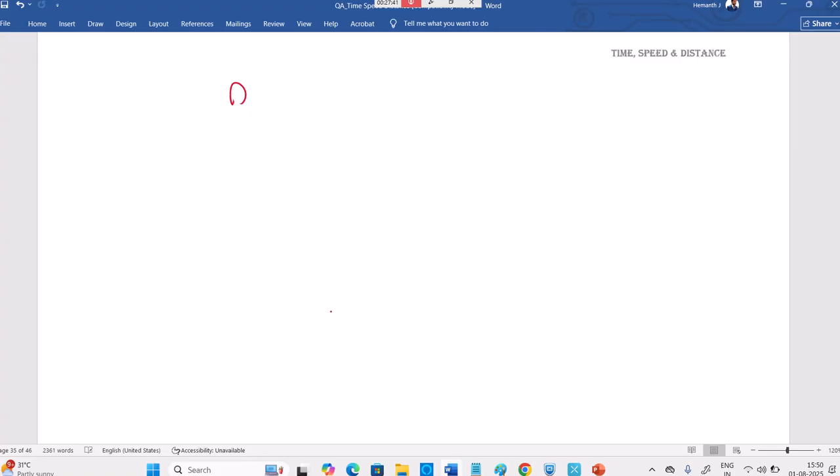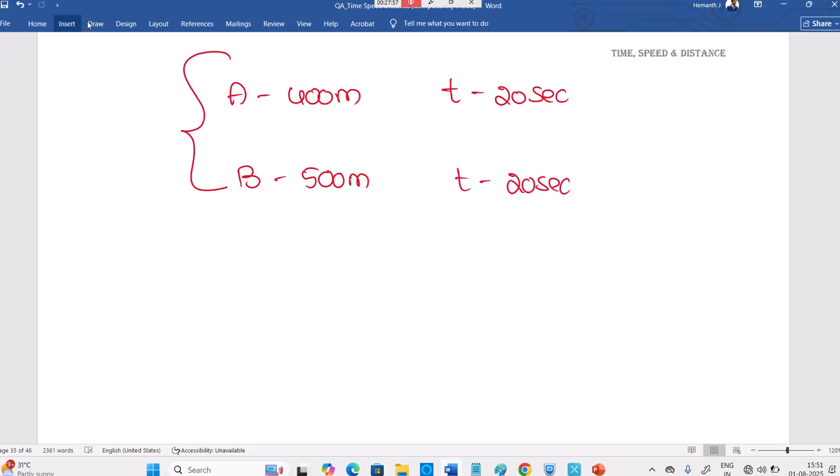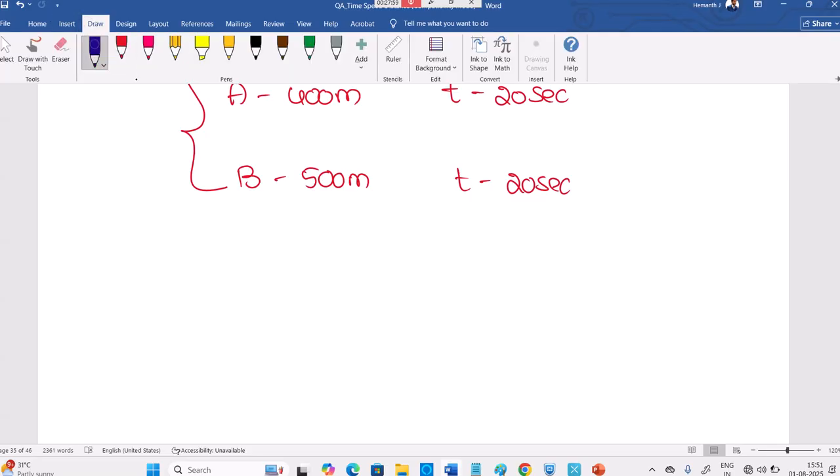Let's say A travels 400 meters, B travels 500 meters, time taken here is 20 seconds. Now, what's the outcome you can say? What statement can you develop from this situation?